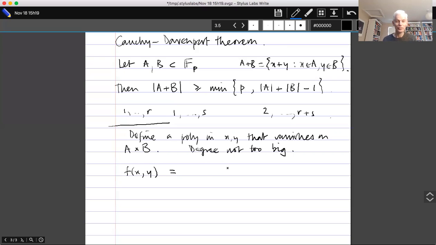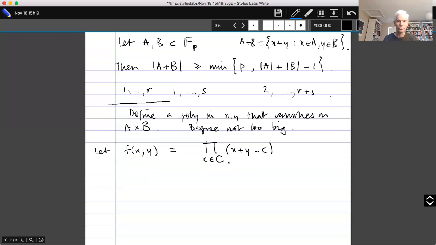So if we take a factor x plus y minus c, where c belongs to the sumset, that will guarantee that f of x, y will vanish whenever x plus y equals c. So what we could take is the product over all c belonging to, now we could say A plus B here, but just for notational convenience, it's not a deep mathematical thing I'm going to do here.